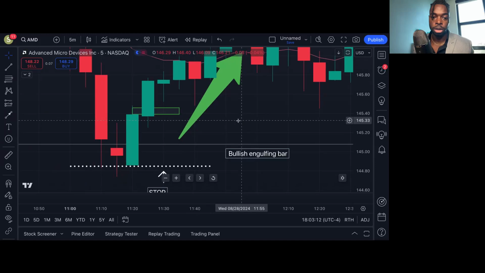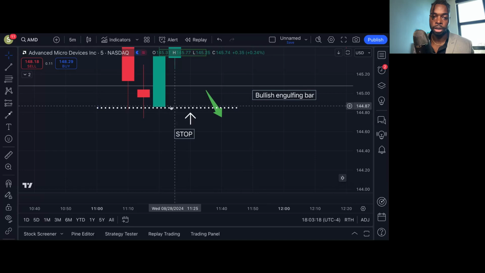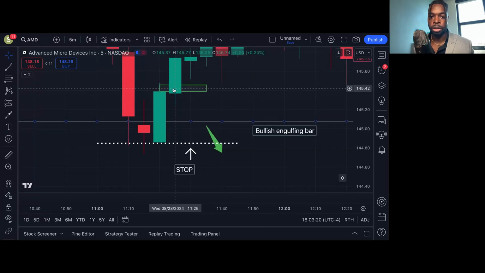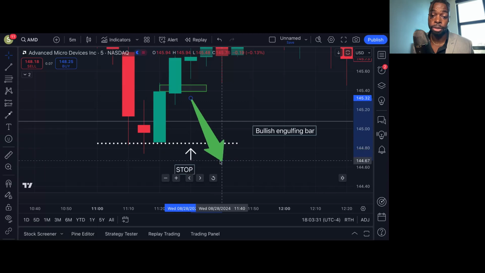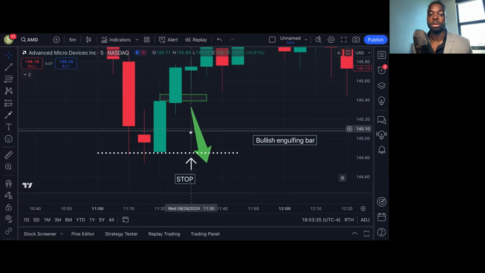I'm going long. But if the stock starts to move down and closes below this low, then there's enough selling pressure to cause all of this buying to just kind of be eradicated, to go away. Okay, there's enough selling pressure to push us lower if we do close below this level.